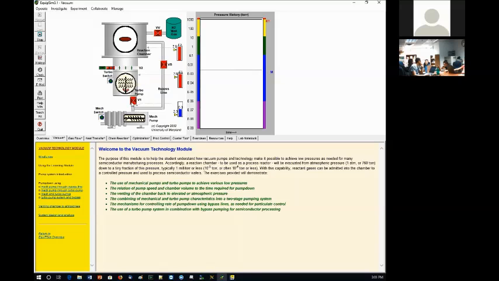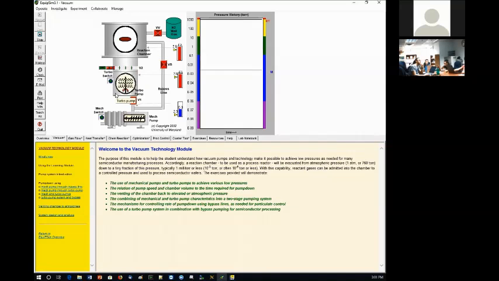Now I will open this valve V1 here and I will look at the histogram. I'll ask you guys to record for me the crossover pressure for the turbo. So I will open this V1 and then let's see the time when this turbo pump starts to take over.